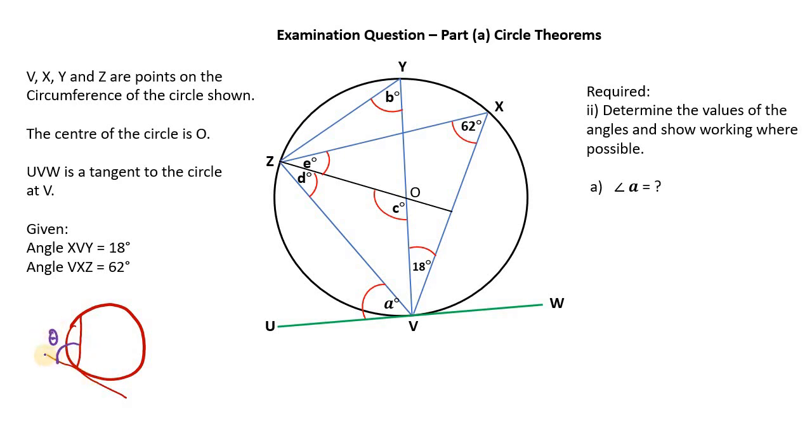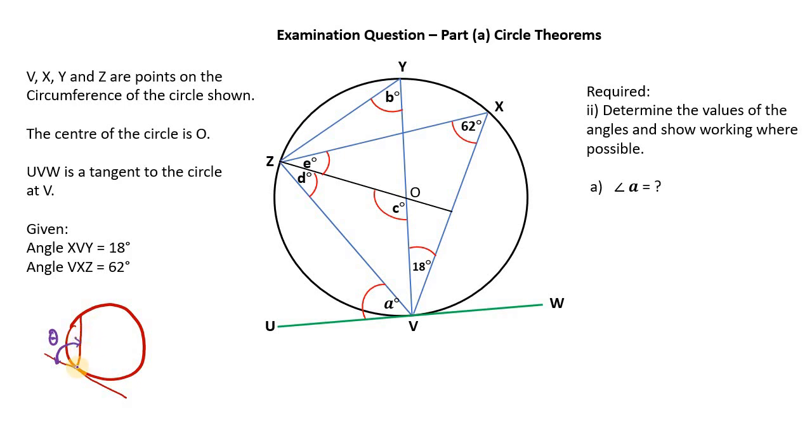The angle formed between the tangent and the chord, because an angle must be formed by two straight lines meeting at a point, no curved line. So the angle formed between the tangent and the chord is the same as the angle subtended by that same chord in the alternate segment.